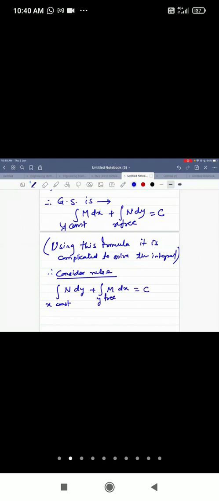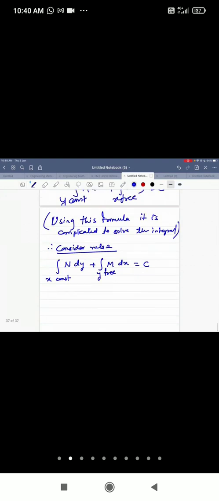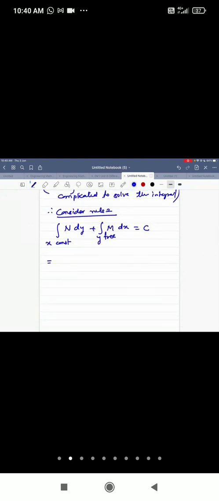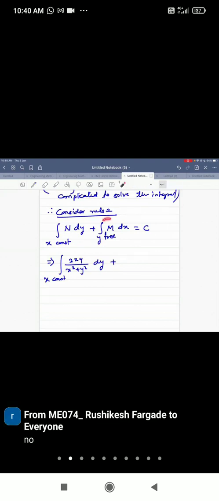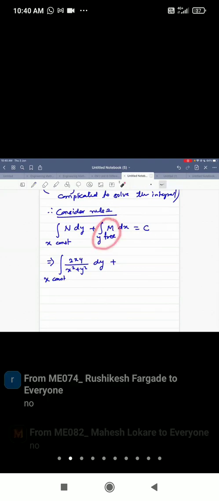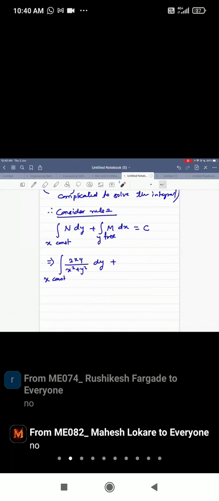Now look at the N term. What is N? The N term is integral of 2xy upon x square plus y square, x is constant, integrate with respect to y, plus now look at M. Is there any term in M which is free from y? No term. I want those terms of M which are free from y, but there is no term.